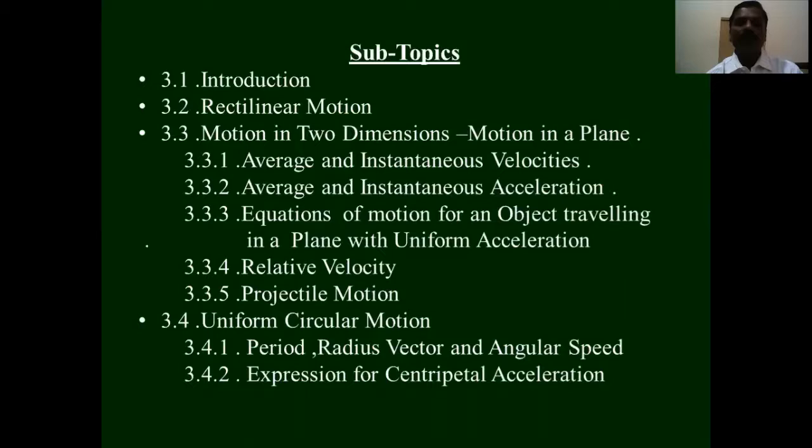In uniform circular motion, also, we are interested to find out the expression for the centripetal acceleration and the centripetal force also.